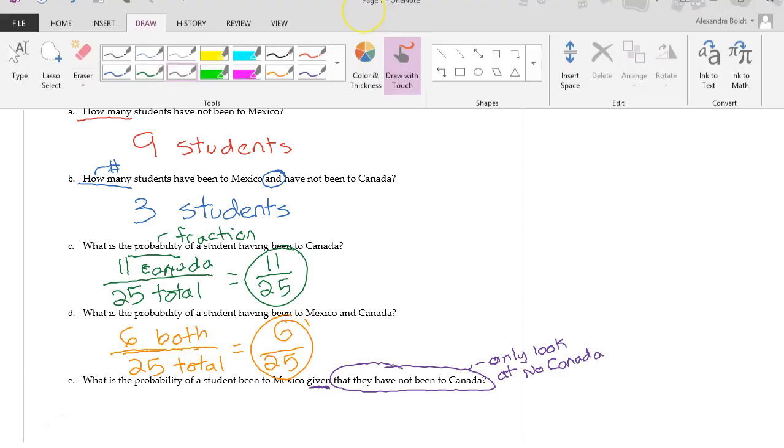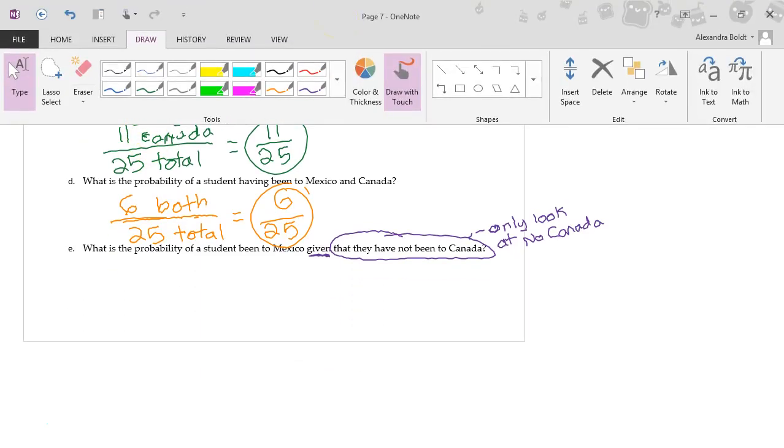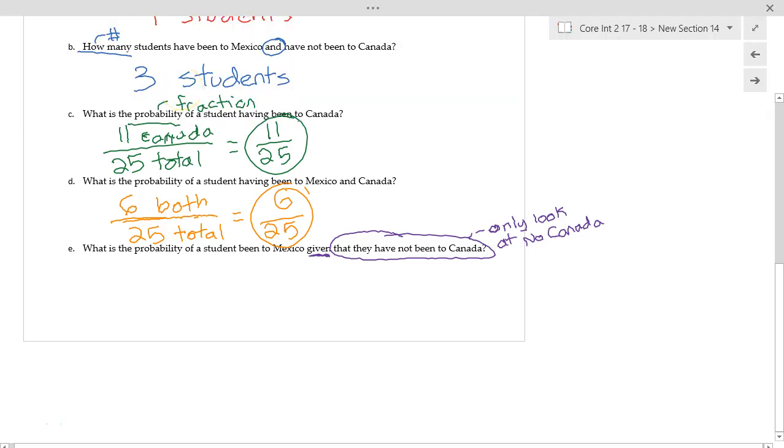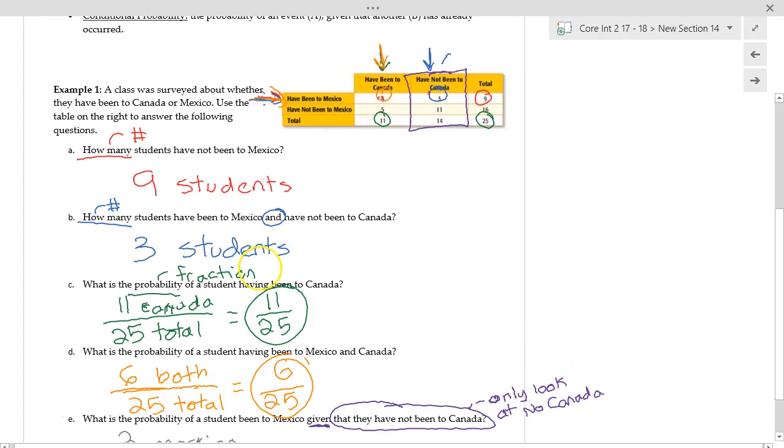There are 3 Mexico students over how many total students? Well, my total students have changed too. I'm only looking in this box.